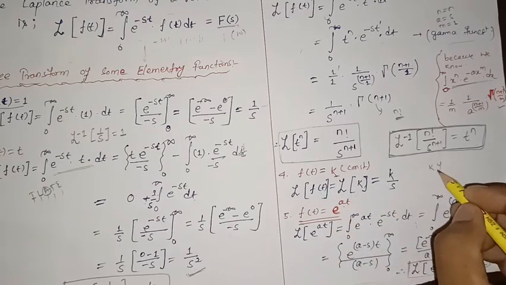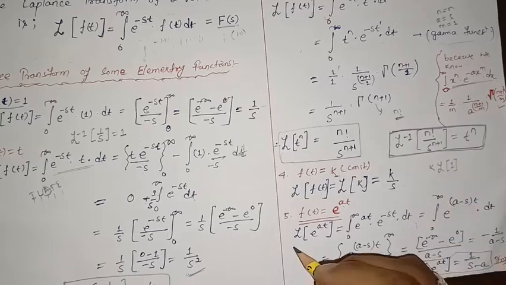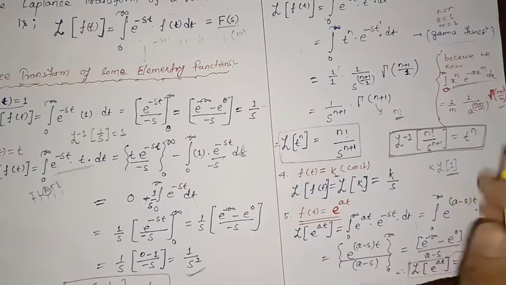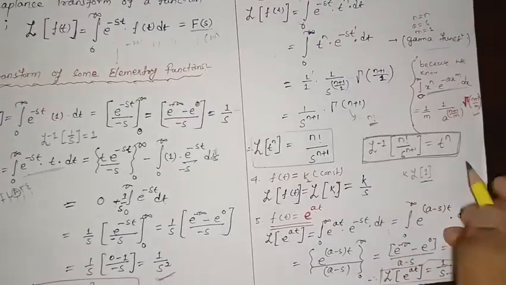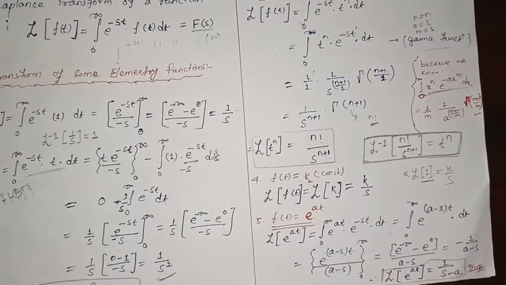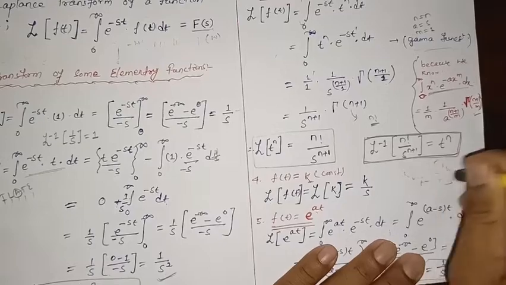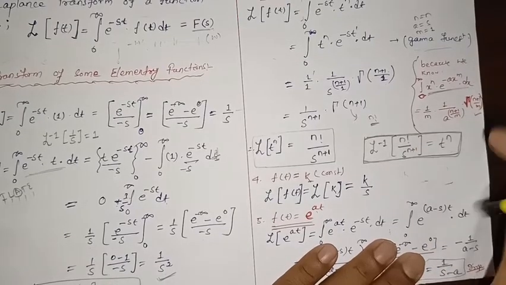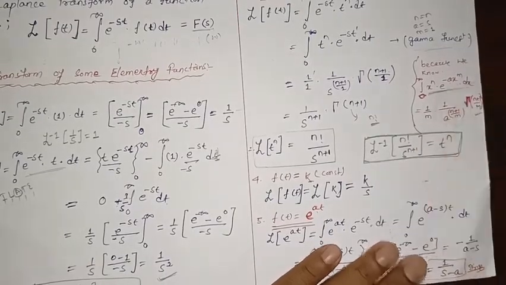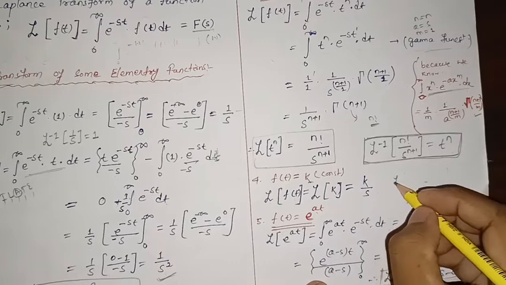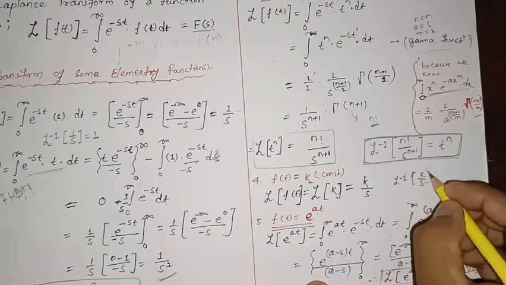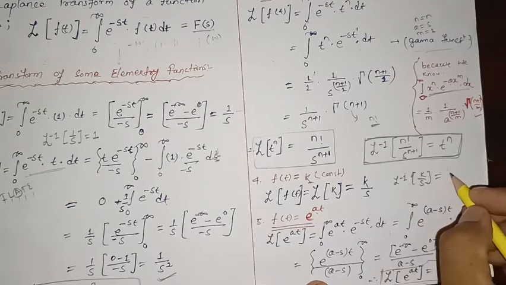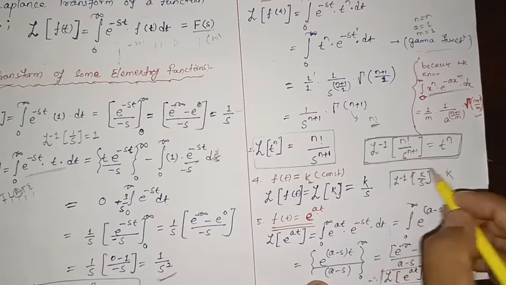So k times the Laplace transform of 1, which we found to be 1 by s. So this value will be k by s. Similarly, the inverse Laplace transform of k by s will be equal to that constant k, right?